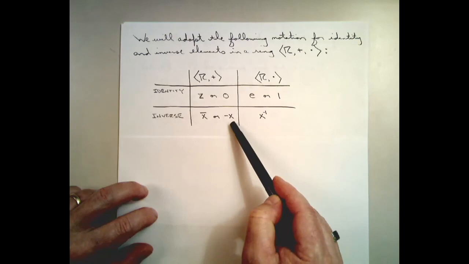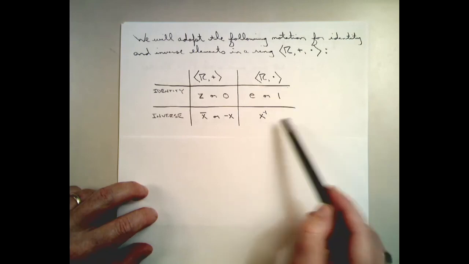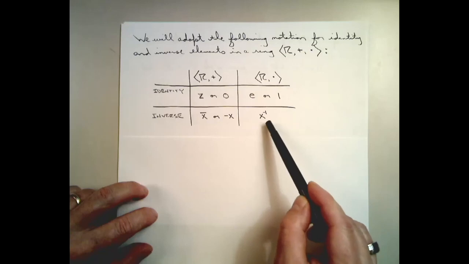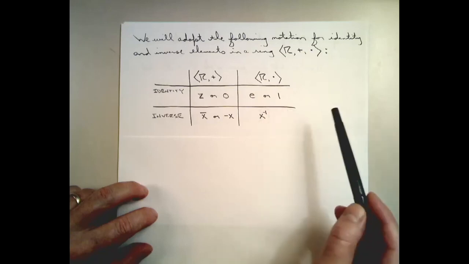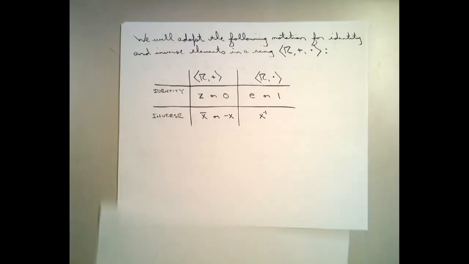Sometimes I use the more common opposite-of notation. But then if I'm talking about the inverse element with respect to the multiplicative operation, I'm going to use the common x to the -1 as representing the inverse element.